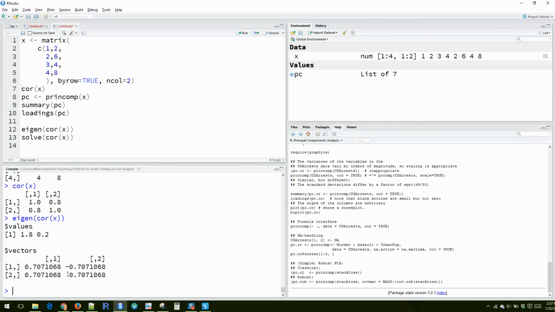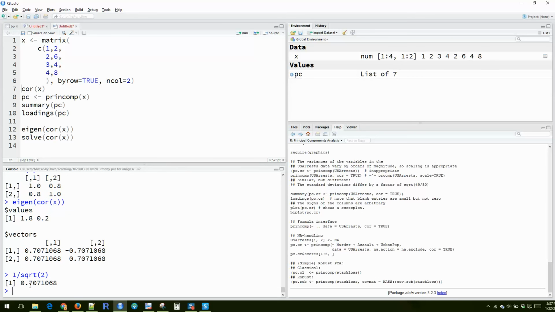And they gave me the transpose, basically. 1 over square root 2 is 0.707. Actually, it's the principal components of our correlation.